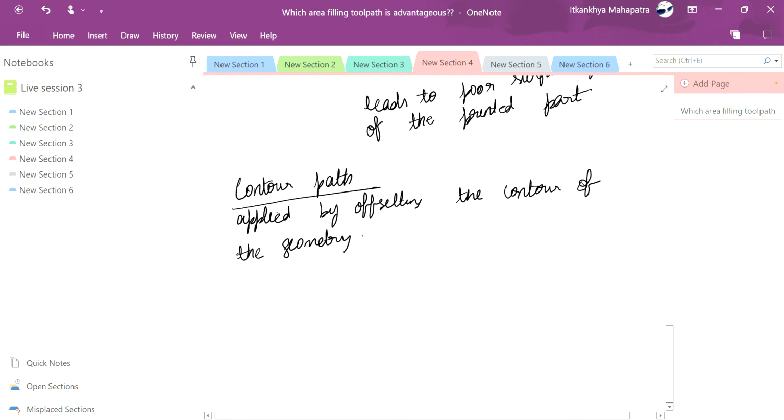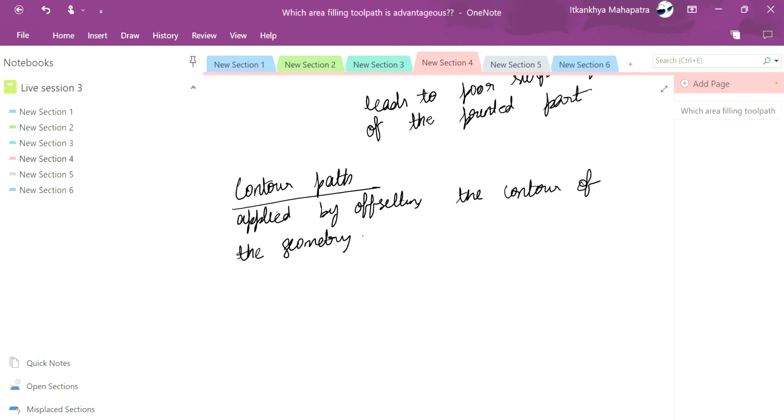It's difficult to draw the diagram, so for better reference, if you can refer to M02 L04 in the lecture notes given, you will see the contour path, which is a series of offsets that start at the outer boundary and progress towards the center.